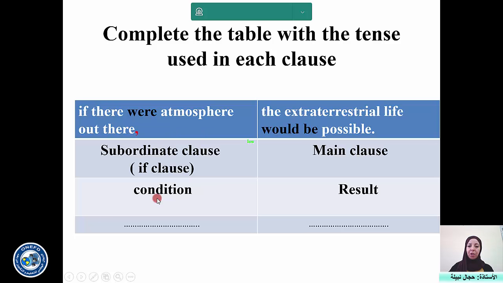It expresses condition. Now pay attention to the verb that is written in this clause. The second clause, which is the main clause, expresses the result. Now what tense is expressed in this clause? So you complete the table with the tense that is used in each clause. Okay, think of it for a moment.